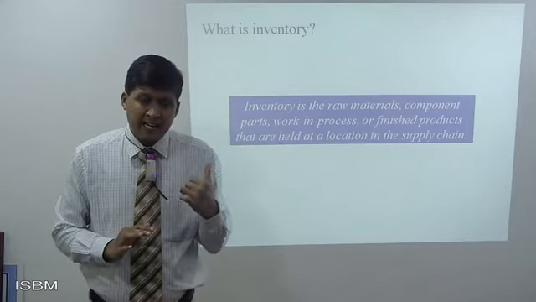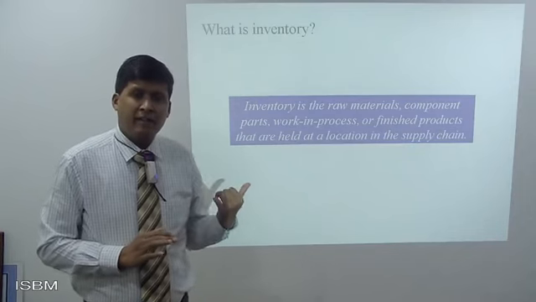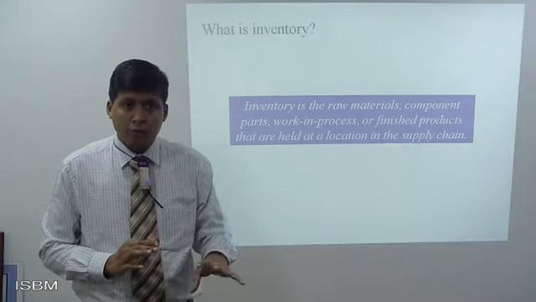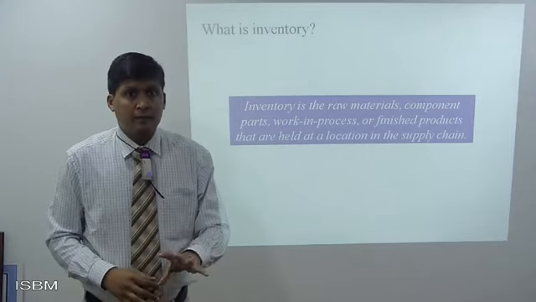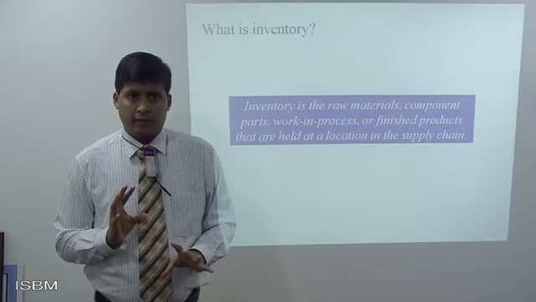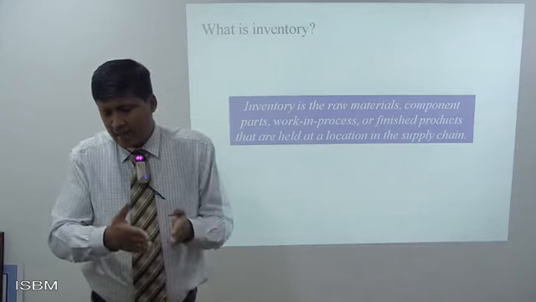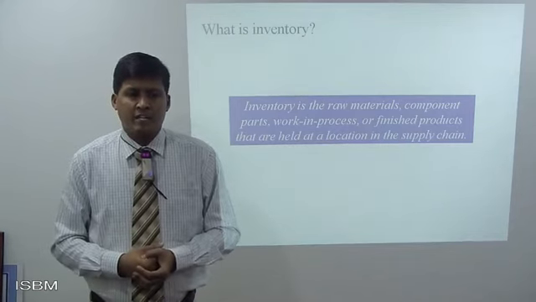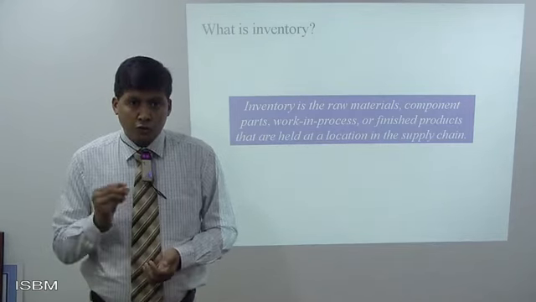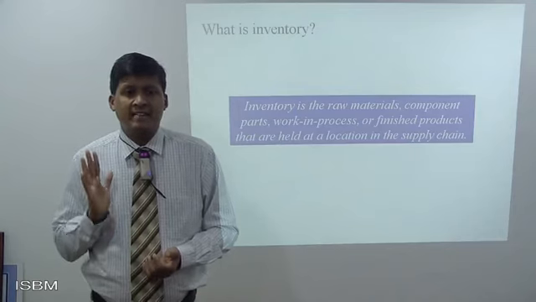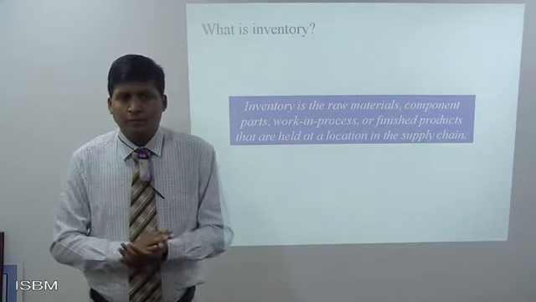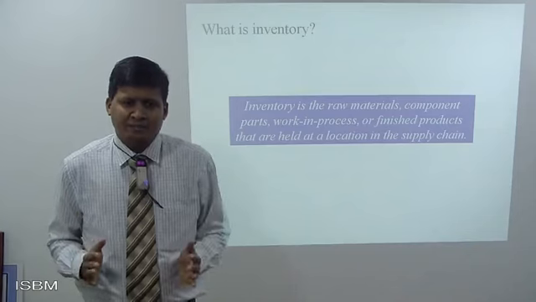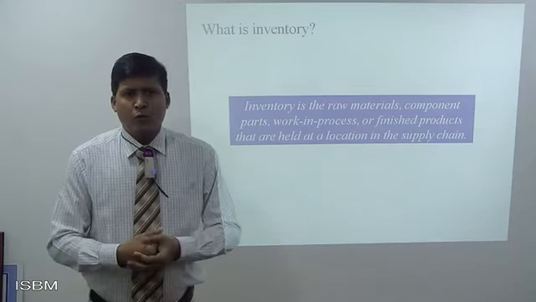So any parameter that we define for inventory, right from raw materials, component parts, even work in progress or finished goods, any of these elements held at a different point in a supply chain constitutes inventory.